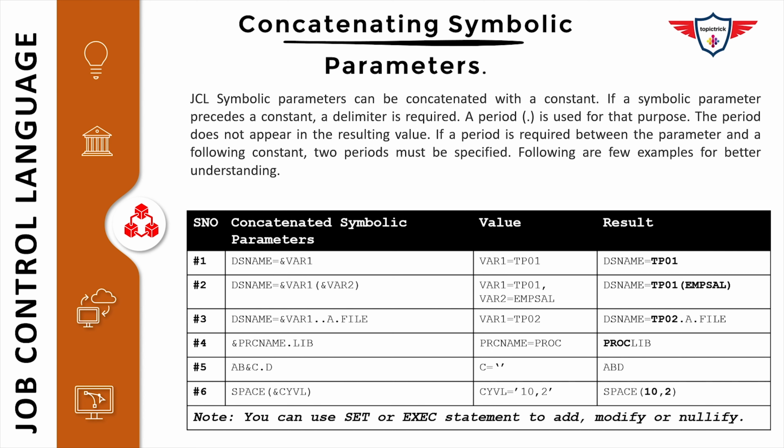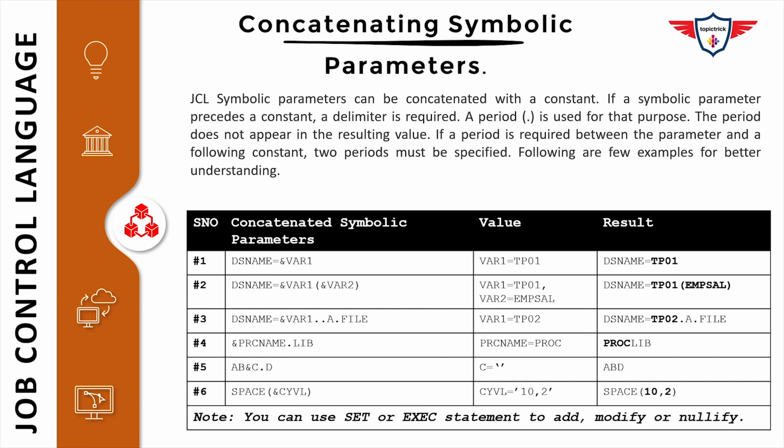Similarly, if you look at example number 6, I've used space ampersand CYVL and I've assigned this value as 10,2, and if you see the resultant output, it says space(10,2), right?